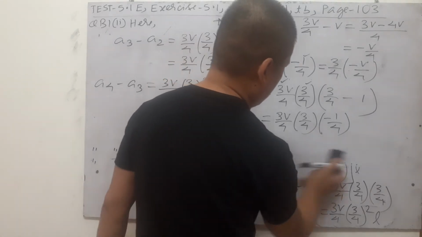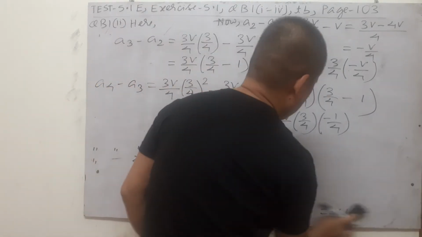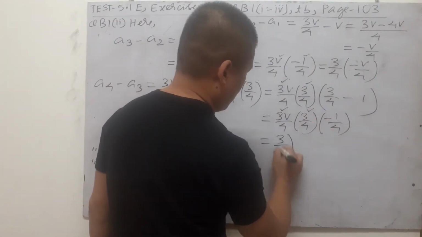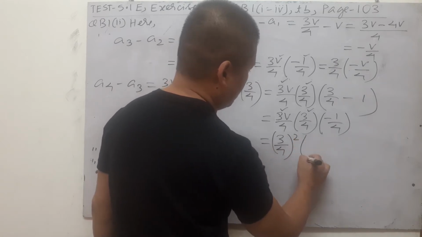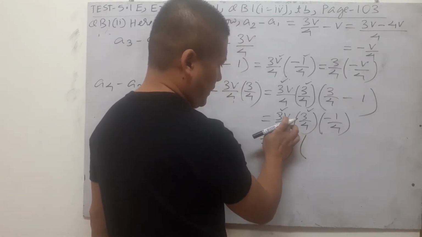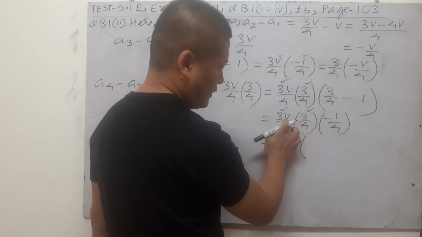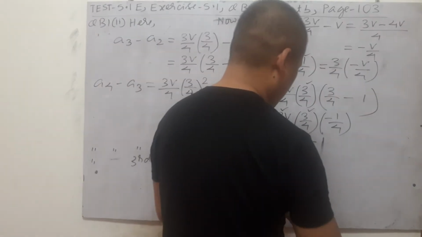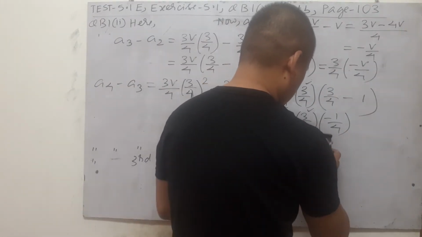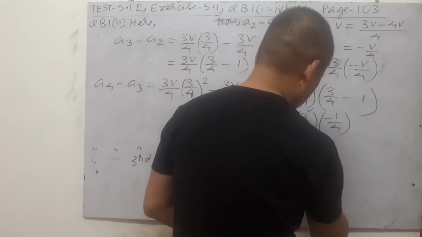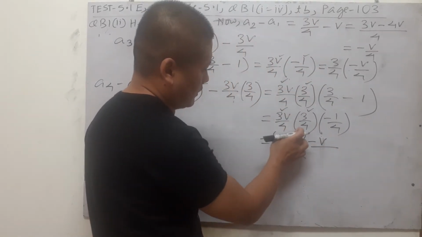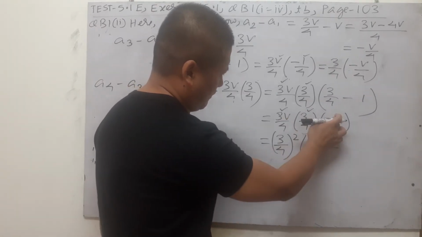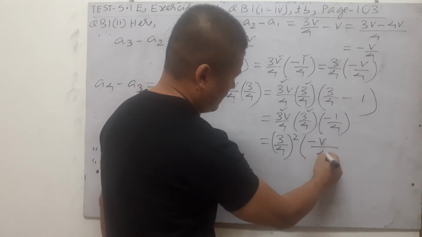So I'm going to write here (3/4)², because there are 2 of them, into (3/4)² only, V is not touched, so plus and minus, V ones are V, V ones are V, divided by (3/4)², (3/4) into (3/4) out, V into plus and minus, V ones are minus V by 4 here.